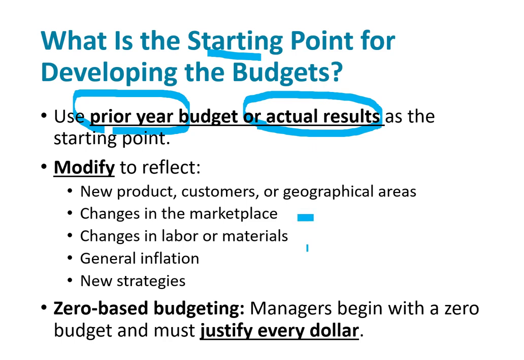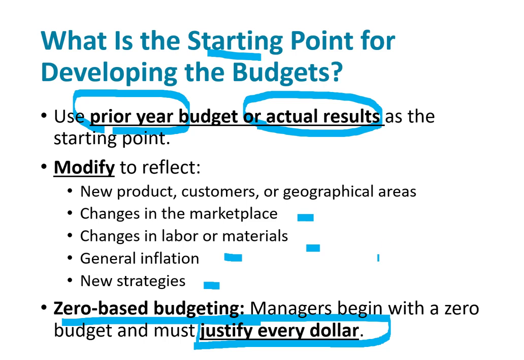Marketplace changes, labor or material changes, inflation, and of course, if you have any new strategies. Now, there's something called zero-based budgeting, where managers begin with a zero budget and they justify every dollar. In other words, they don't start with last year's budget, but they begin all over with each new budget.